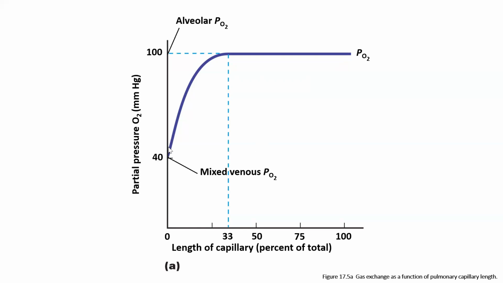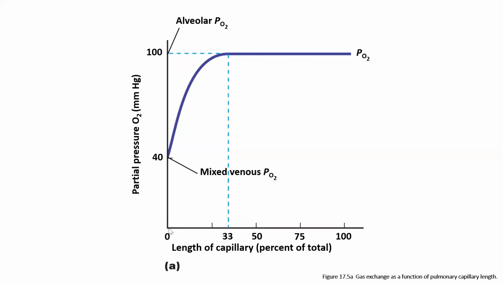So all of the oxygen has been loaded into the blood within the first 33% of the entire length of that capillary. And what this means is that we can speed up the rate of exchange about 3 times the rate at rest, and we would still have efficient exchange of oxygen, okay? I'll say that again.